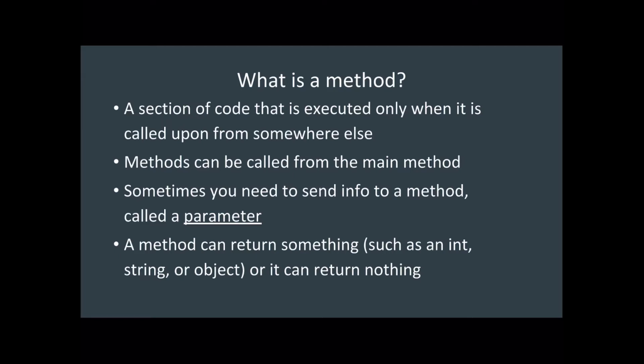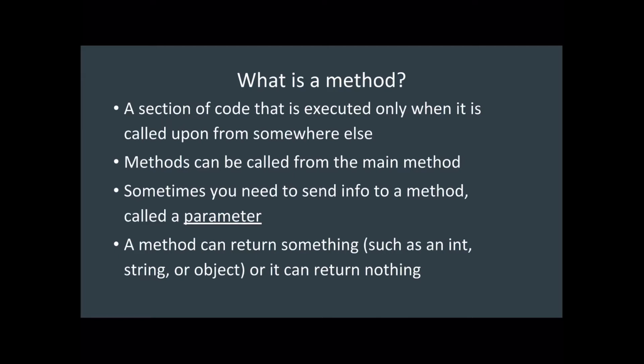So the basic idea of a method is that you're going to group together a section of code that does something really specific. Let's say I would write a method to calculate the volume of something. I would write a method that's going to go through and determine whether or not a number is even or odd. I could write a method that checks how many vowels are in a word. So it's a small section of code that does something really specific, and they exist a lot for organization purposes.